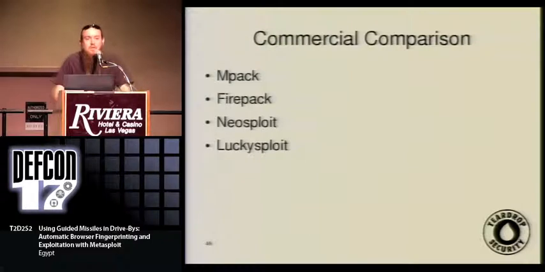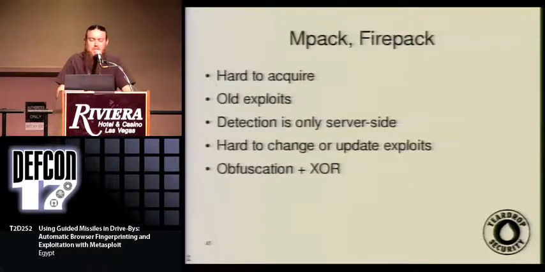There's also a number of exploit packs out in the wild available for commercial purchase, but most of these come from places that don't have extradition treaties with the U.S. and they're kind of difficult to get, and so I'll talk about them briefly. Impact and Firepack are sort of related. They use a lot of the same code. They're not exactly the same, but they either had a common ancestor or somebody stole some code.